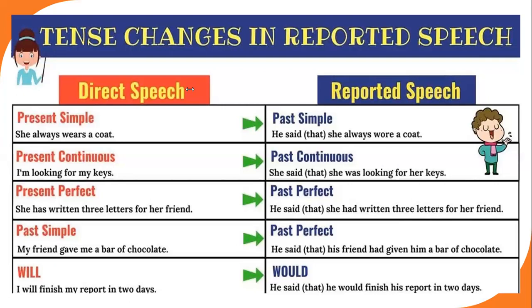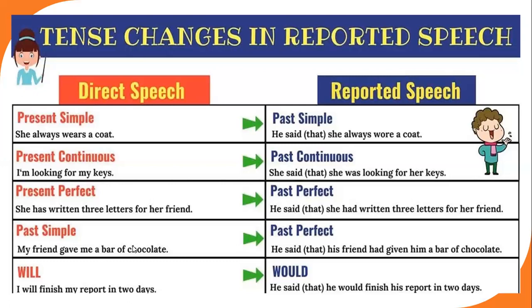Okay, continue, Julián, for past simple and past perfect. My friend gave me a bar of chocolate. He said his friend had given him a bar of chocolate.